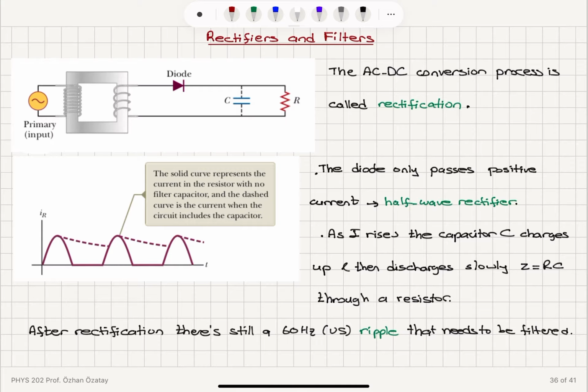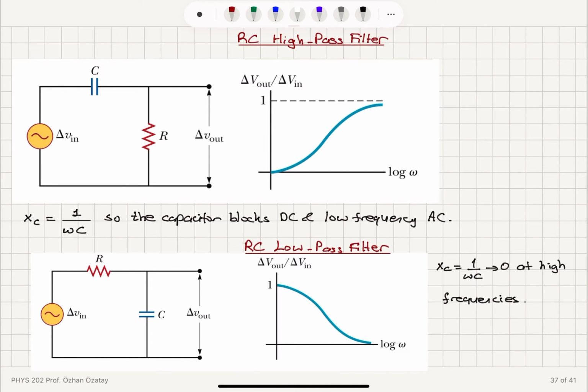So after the rectification process, there will still be a 60 Hertz ripple that needs to be filtered. Okay, so how can we filter this ripple?